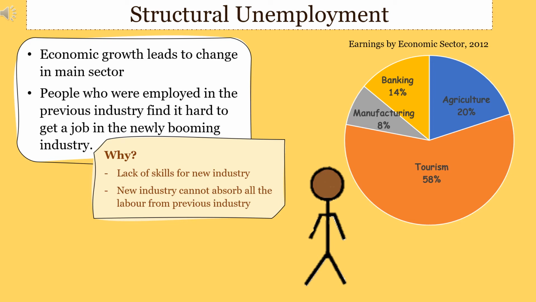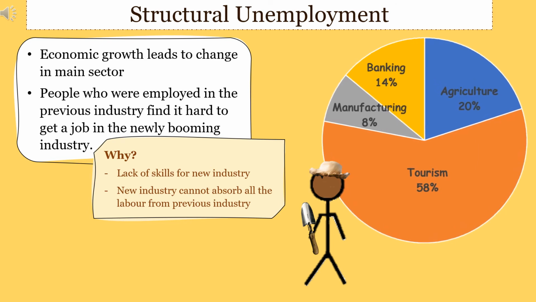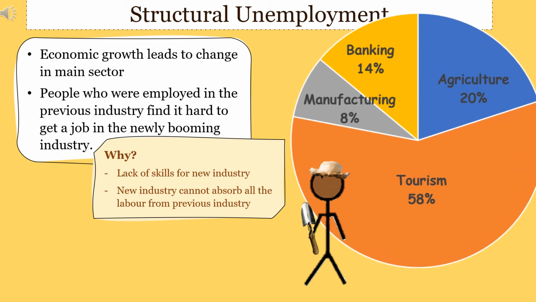So in this case, if citizens of the country were to only keep the skills that they have from agriculture in the Caribbean, in the midst of an economy that thrives on tourism and that provides jobs mainly in the tourist industry, this person, if they continue lacking the skills for the tourism industry, may become unemployed because they are not able to be transferred from the agricultural industry that we had in the Caribbean into the tourism industry, which now provides the most revenue.